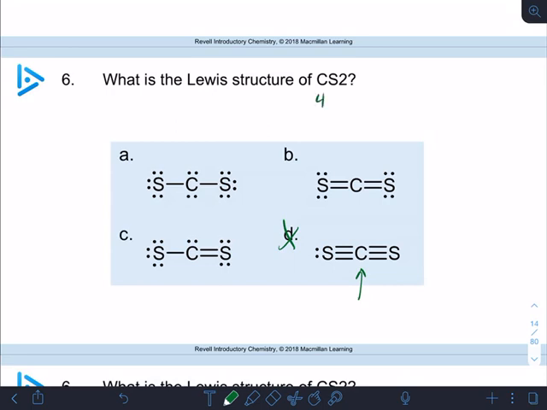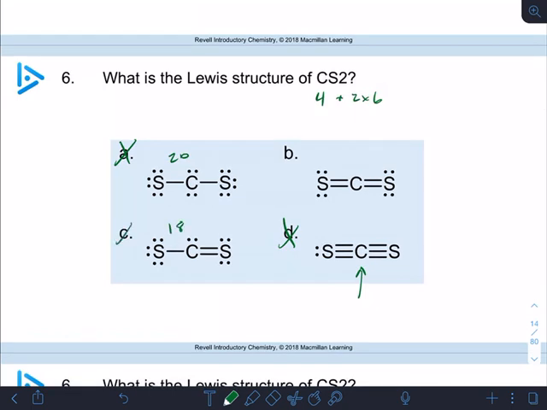The other 3, let's see. CS2 should have 4 plus 2 times 6. That's 12, so 16 valence electrons. So let's see, 2, 4, 6, 8, 10, 12, 14, 16, 18, 20. This one has 20.